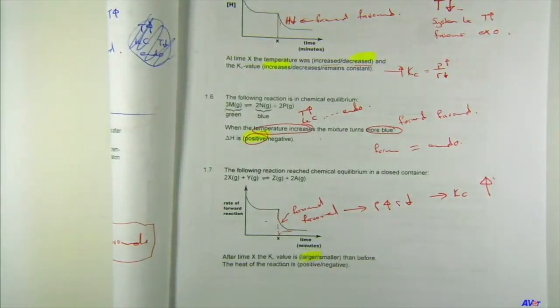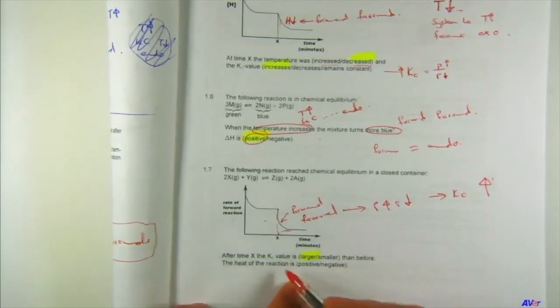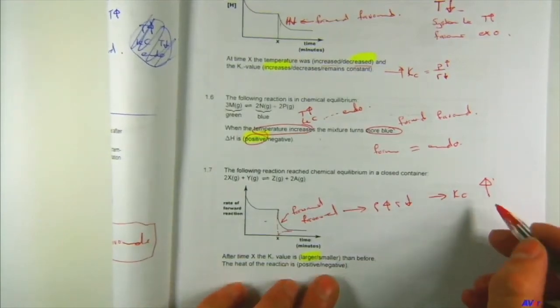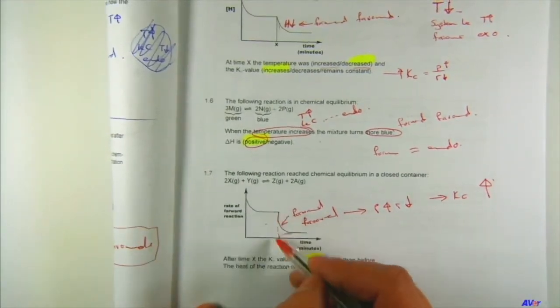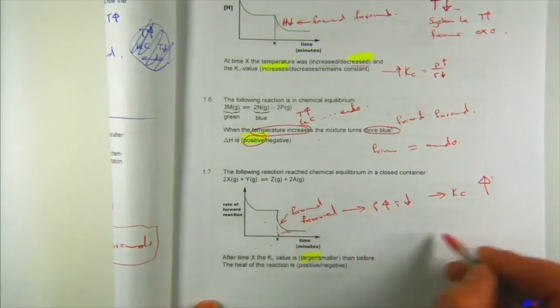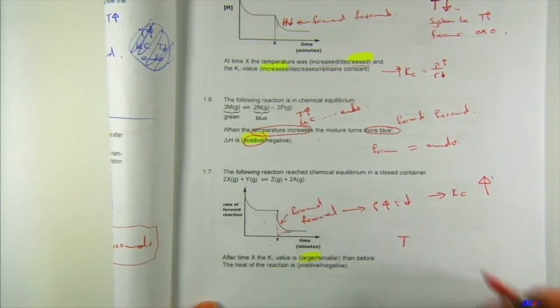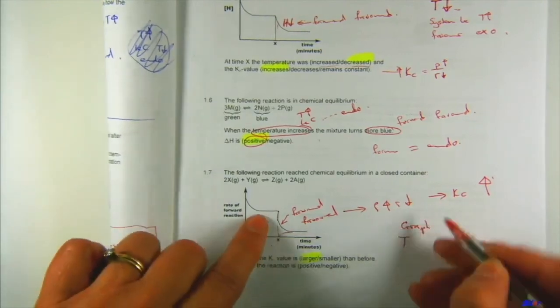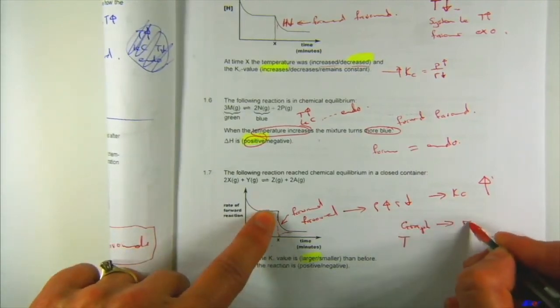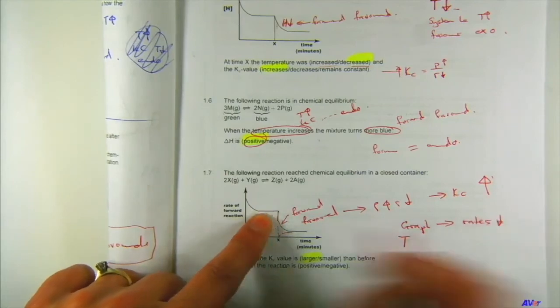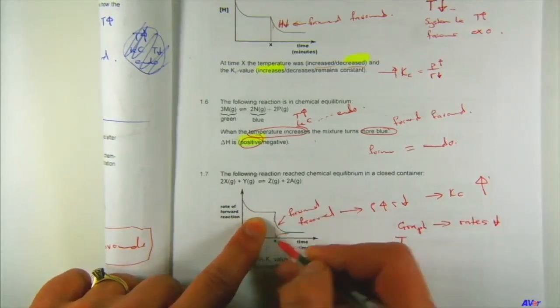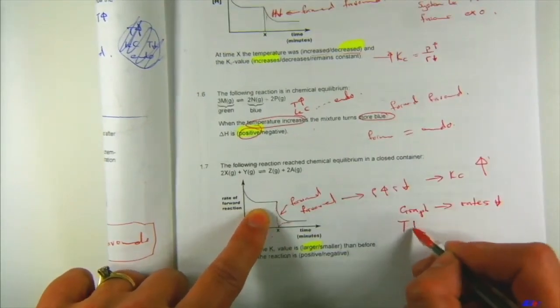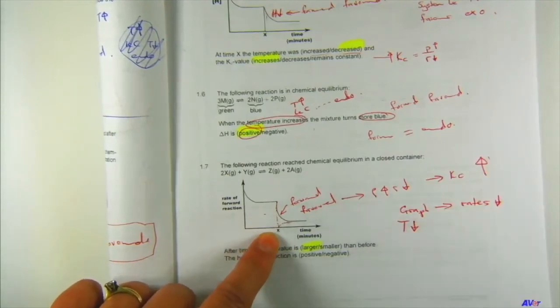Right. And then they ask us about delta H. Now tell me, if the rates decrease, what does that tell me about the temperature? Your graph shows you that the rates of the reactions decrease. It's going down. And it will only go down if the temperature went down.